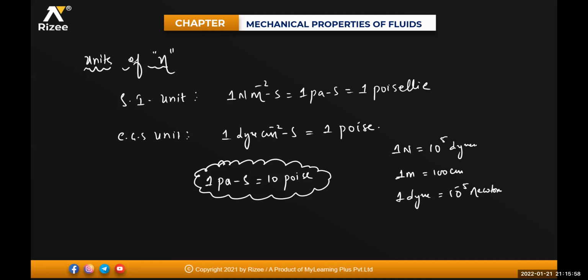So 1 meter square means 10 to the power of 4 square centimeters, that is the reason we are getting 10 poise. Clear, beta? 1 Pascal second is equal to 10 poise. 1 Pascal means 1 Newton meter inverse square. Do I need to do the proof? I hope you got it. Chalo, very good. Next Saturday.